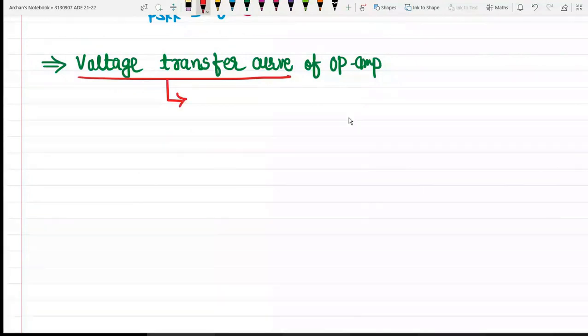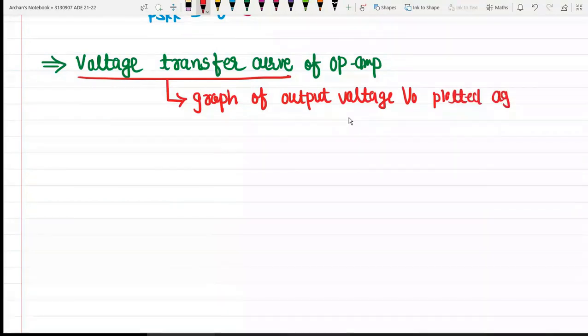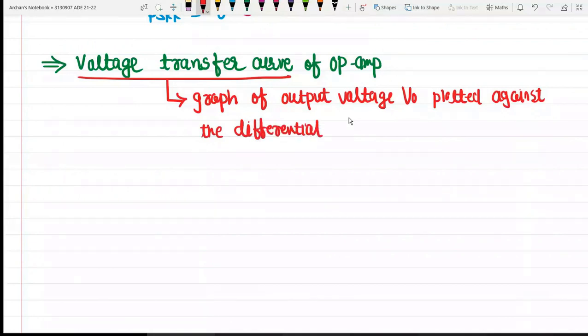It is nothing but the graph of output voltage V0, which is plotted against the differential input voltage VD.